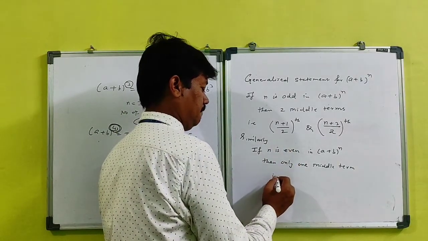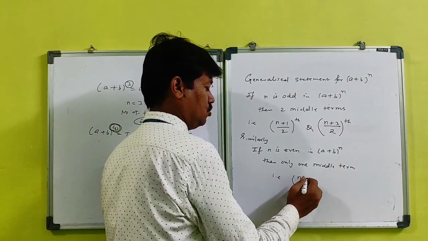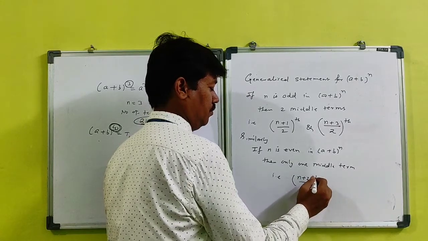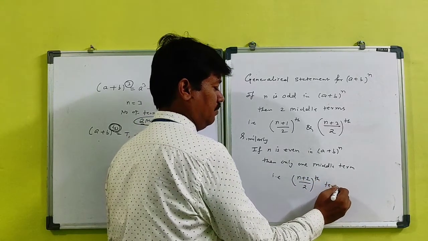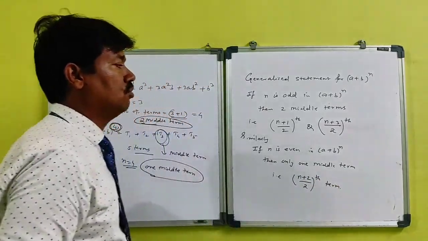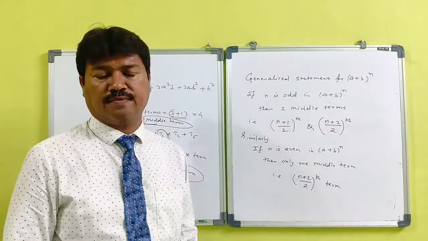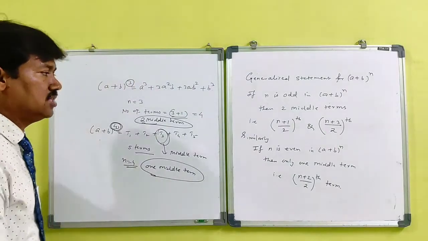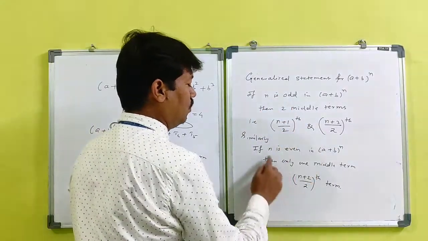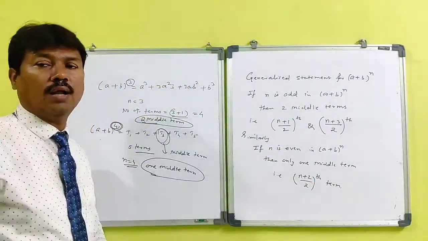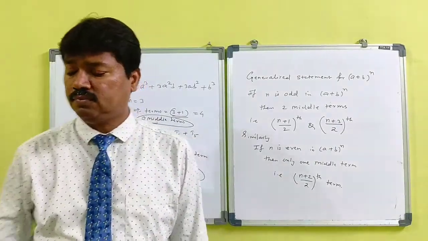That is the (n plus 2) upon 2 term, that will be the middle term in that case. So it all depends. For odd n there are two middle terms, for even n there is only one middle term.